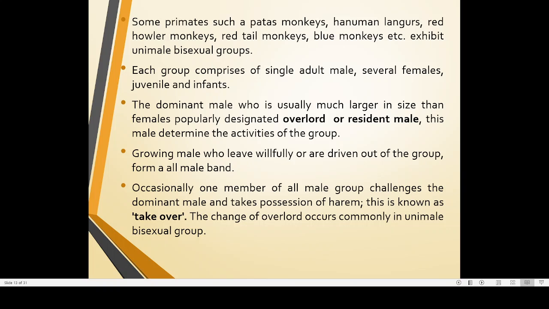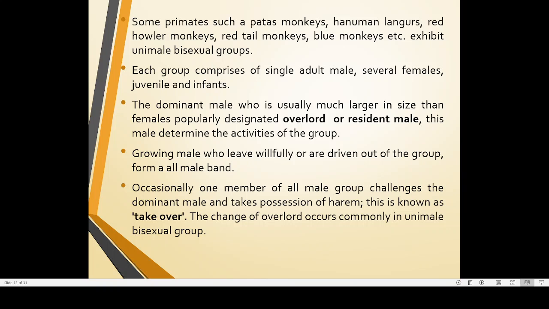This male mainly controls the females of that group, and it is according to his wish that the other members of the colony behave. So here you can see that one male is controlling several females. But sometimes another strange case happens.